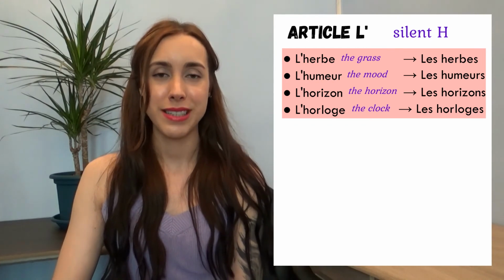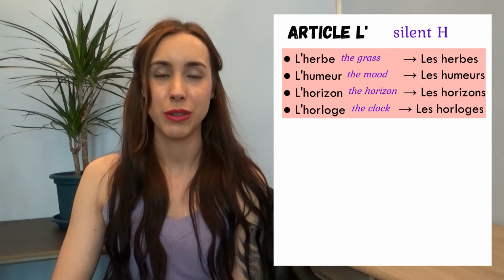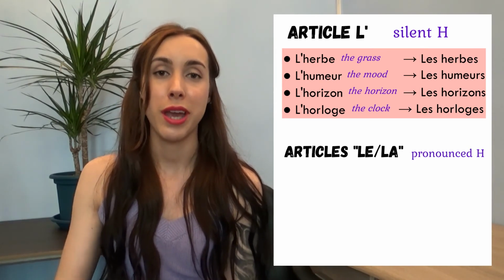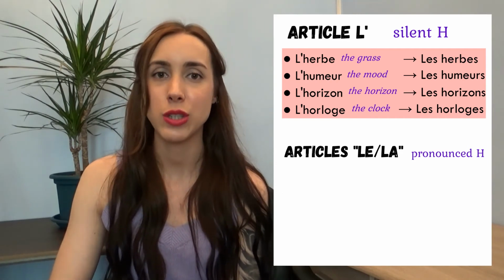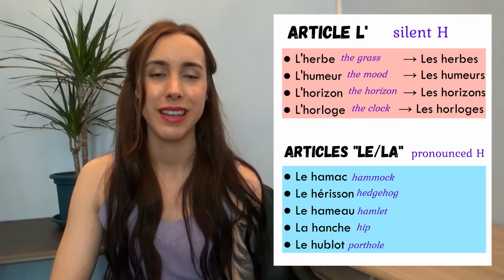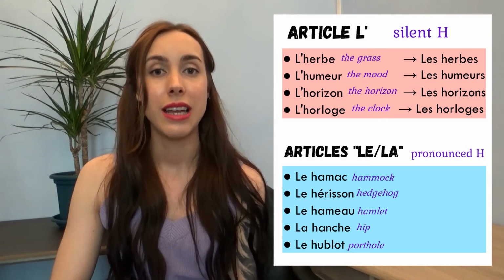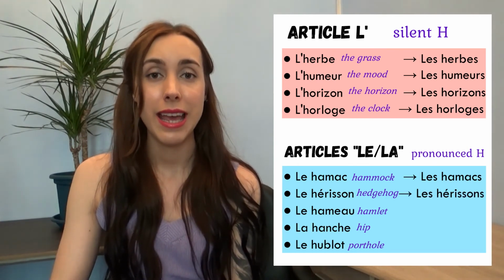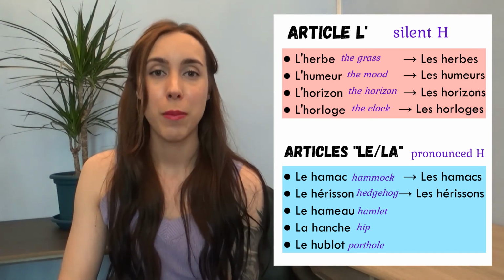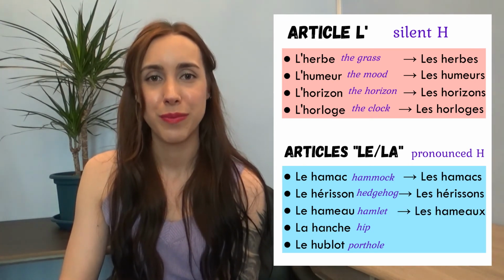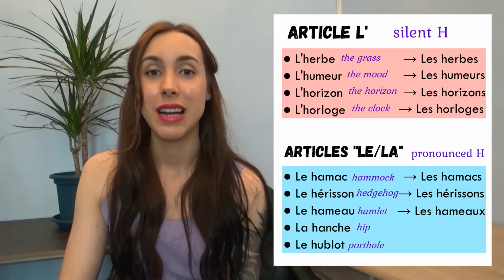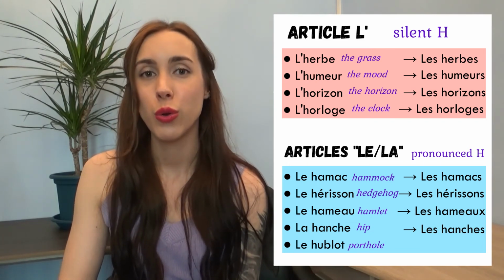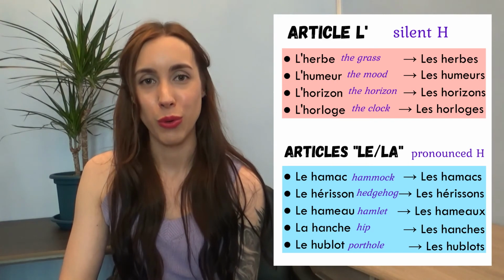Now let's see what happens if I have a singular article le or la, and what happens when I create the plural form and the H letter is supposed to be pronounced. Le hamac, les hamacs. Le hérisson, les hérissons. Le hameau, les hameaux. La hanche, les hanches. Le hublot, les hublots.